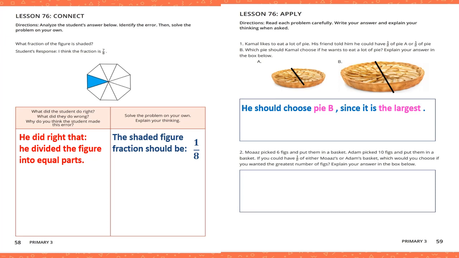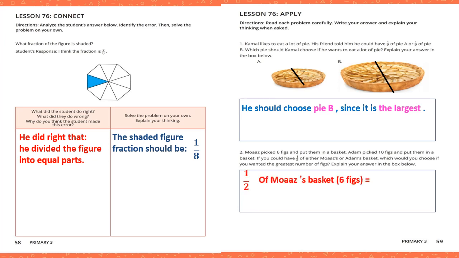If you could have half of either Muaz's or Adam's basket, which would you choose if you wanted the greatest number? We have 2 baskets here. The basket for Muaz contains 6, and the basket for Adam contains 10. Which half will you choose if you want the largest?